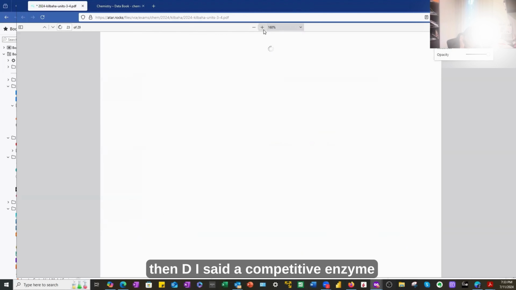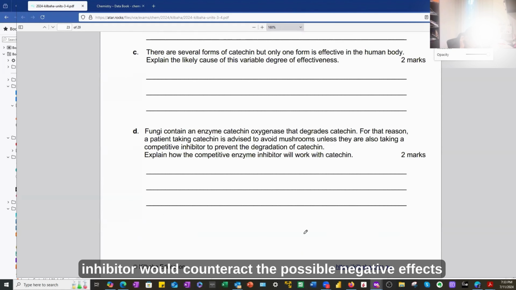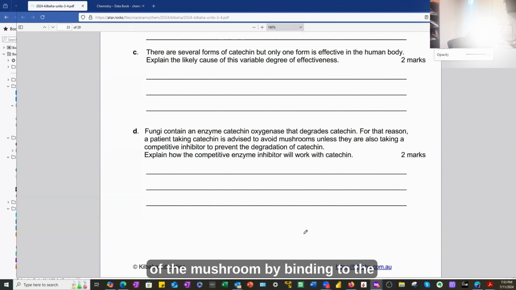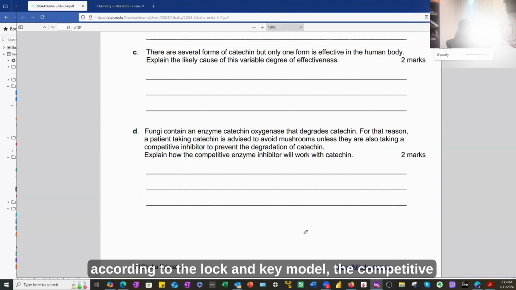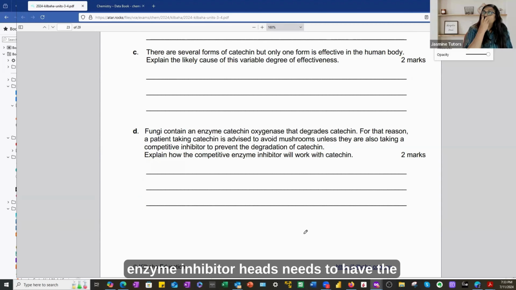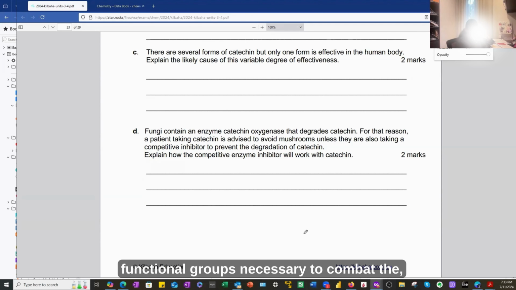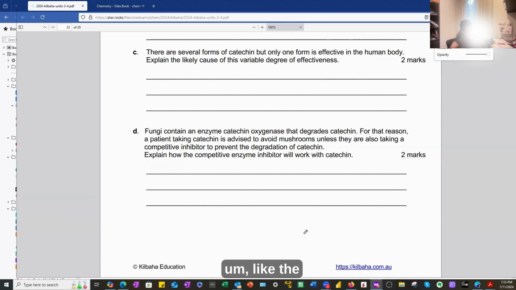And then D, I said a competitive enzyme inhibitor would counteract the possible negative effects of the mushroom by binding to the substrate before the catechin oxygenase can. According to the lock and key model, the competitive enzyme inhibitor needs to have the functional groups necessary to combat the oxygenase, basically.